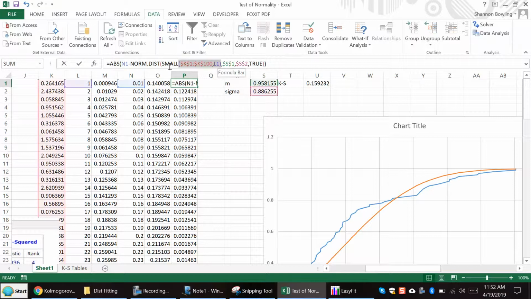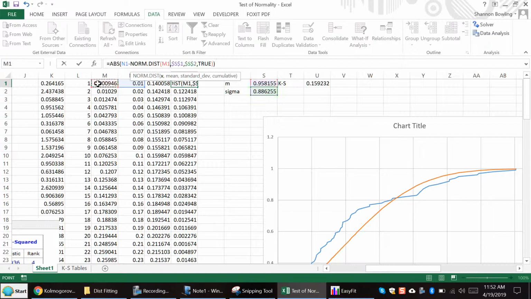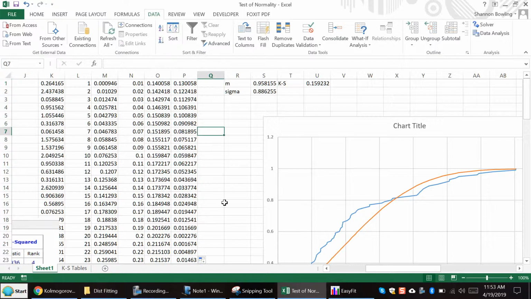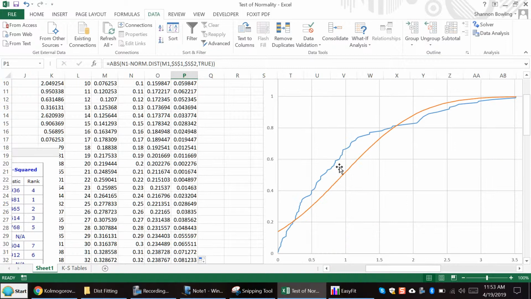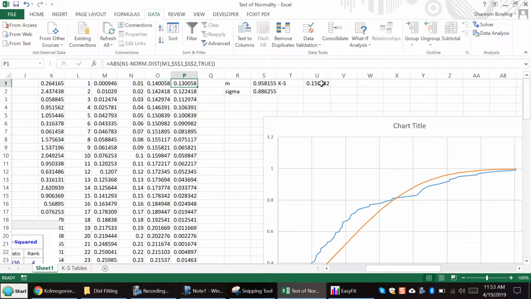I'd hard-coded it first, but all I really have to do is just do it like this. So this number represents all of these vertical deviations. Okay? And then this guy right here is just the maximum of that value.